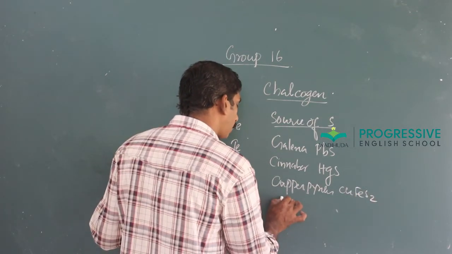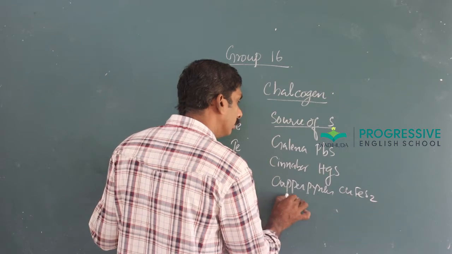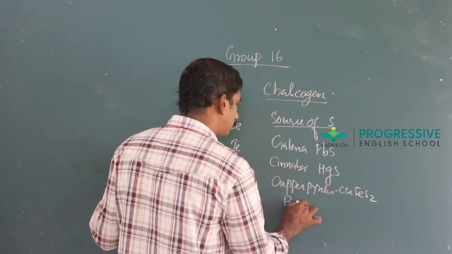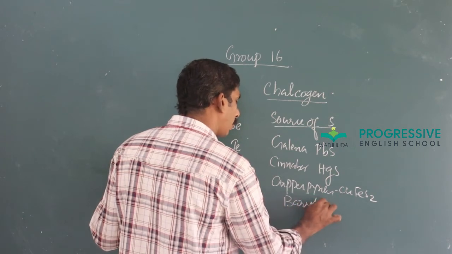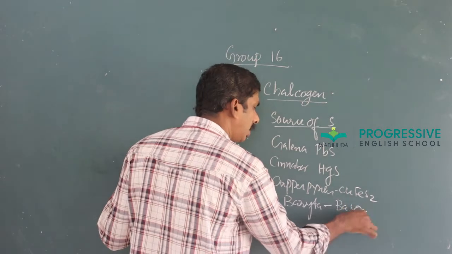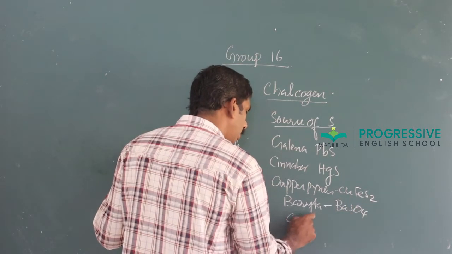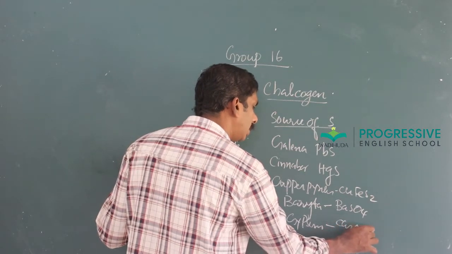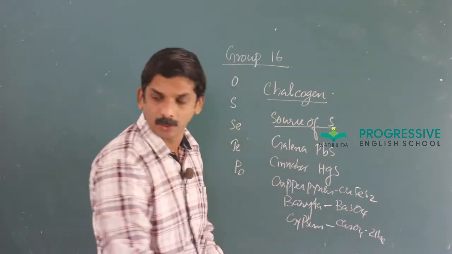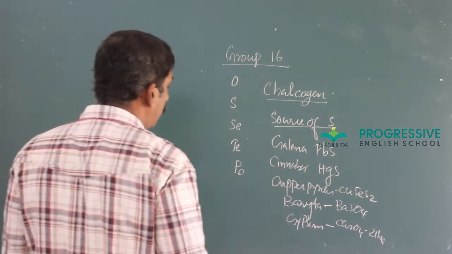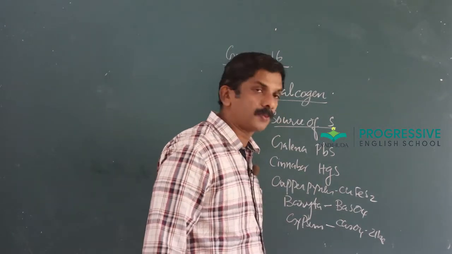Then baryta, that is barium sulfate, and gypsum, CaSO4·2H2O.